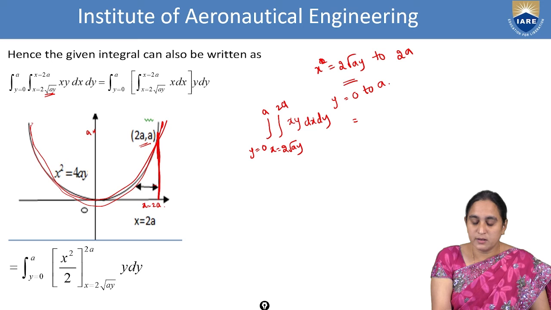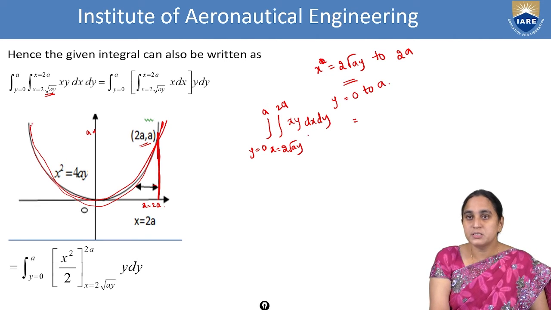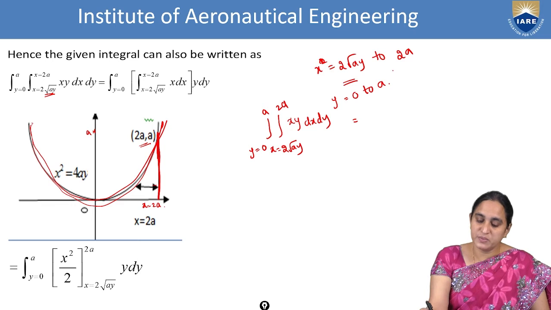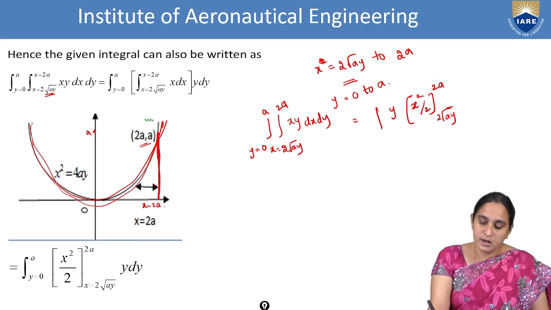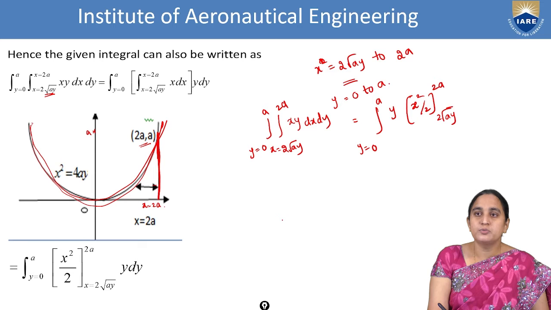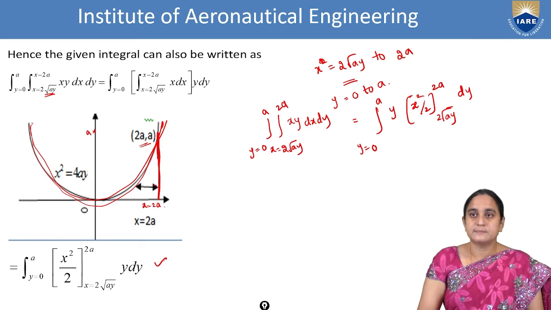Now, whether with respect to x or y, definitely first integrate with respect to x. That means y into the integral of x is x square by 2, with limit points 2 root ay to 2a, and the y limits are constant, integral y is equal to 0 to a dy. That is this one.